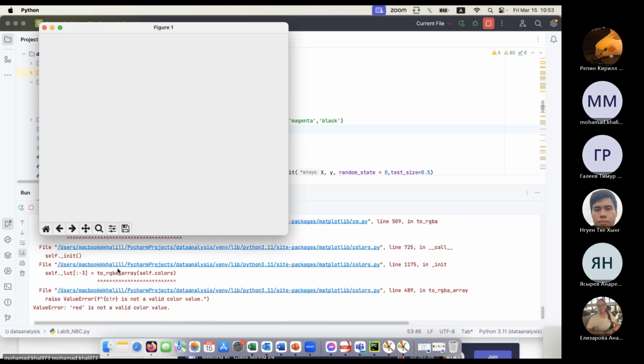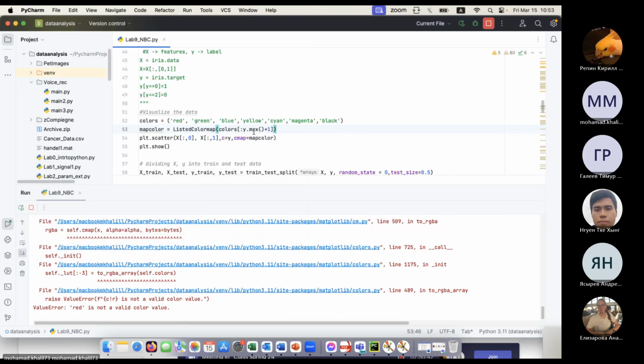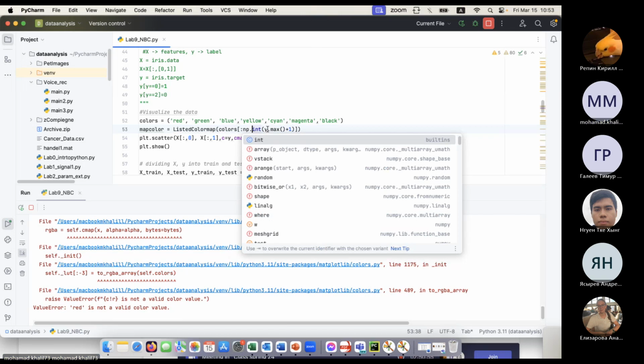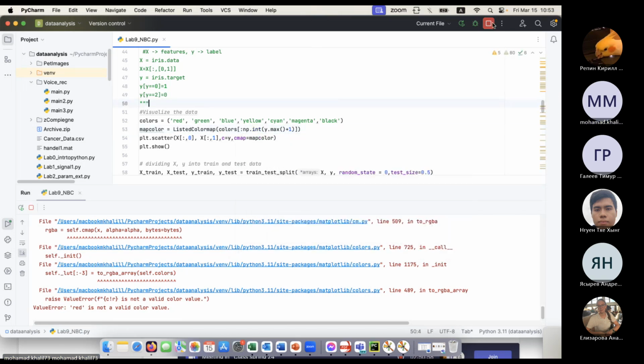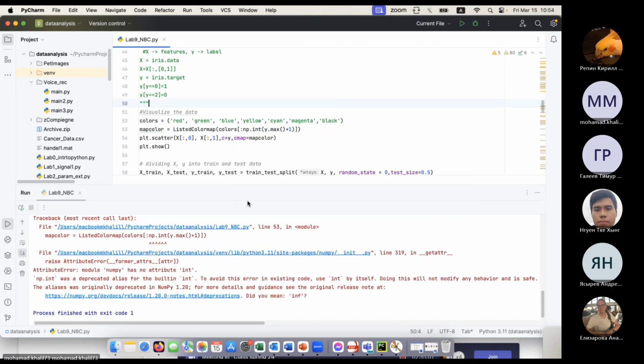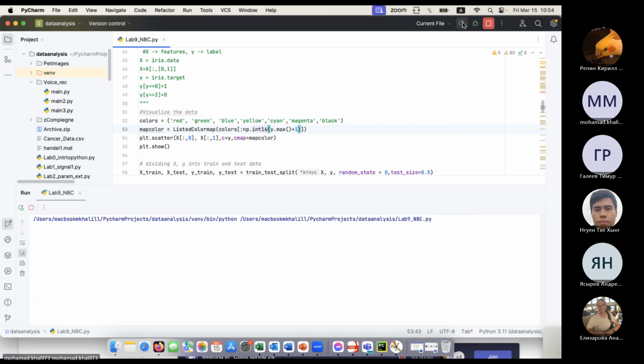Okay. What I wanted to do here, maybe int and p dot. Okay. Strange. 16.